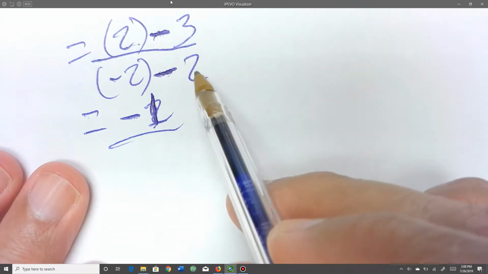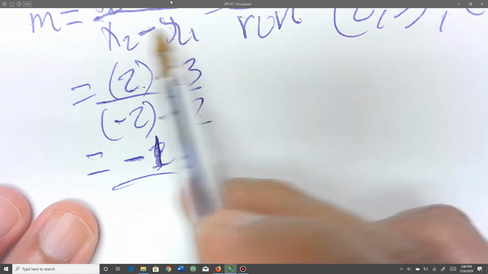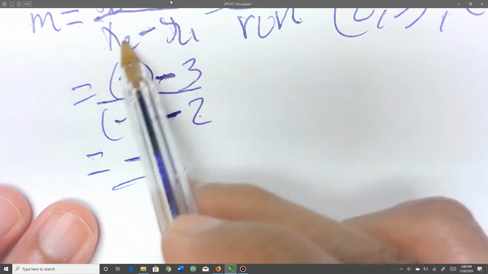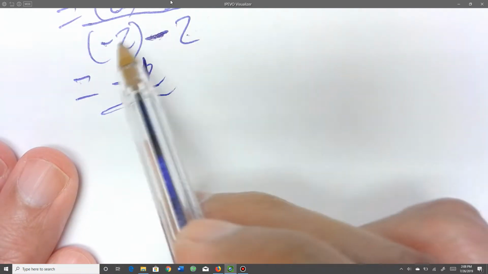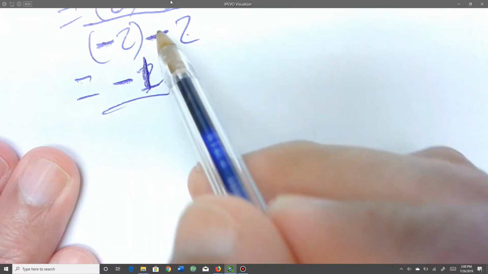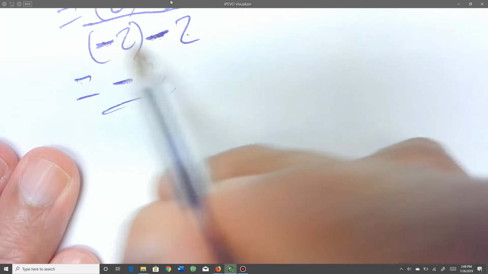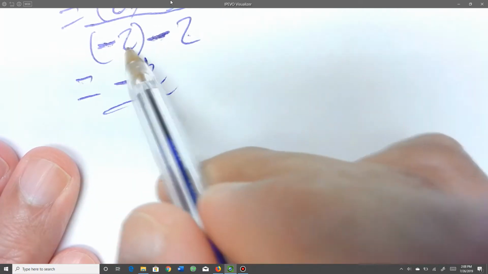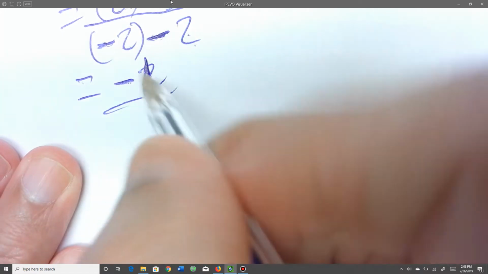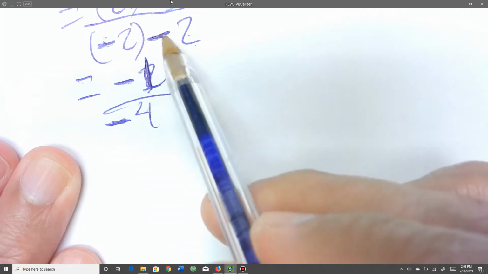-2 minus 2. Again, we're just subtracting, because that's what the equation is telling us. So -2 minus 2. Whenever we have two positives or two negatives and we're adding them up, we just add them up: 2 plus 2 is 4, and the sign is negative because both of them are negative.